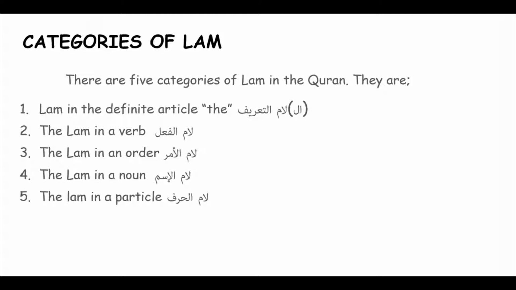Then the lam in a verb, lamul fi'l, the lam in an order, lamul amr, lamul ism, the lam in a noun, and lamul harf, the lam in a particle.